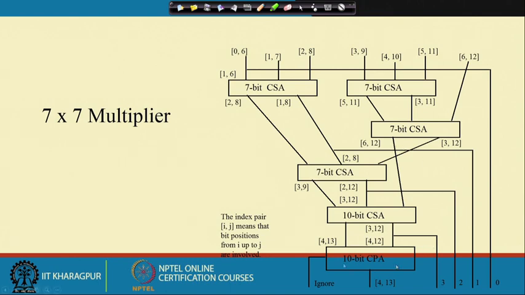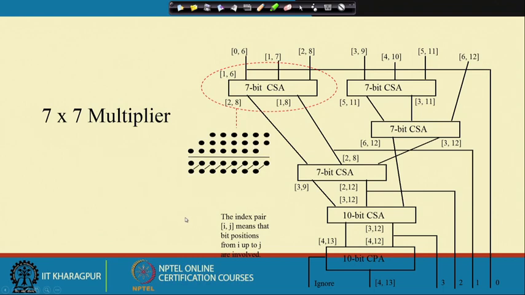At the very final level I have to use this carry propagate adder to find out the final result. And this is nothing but, whatever we saw in the previous example, the block level representation of that.